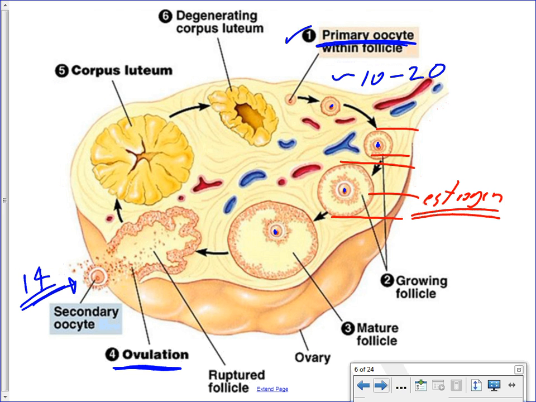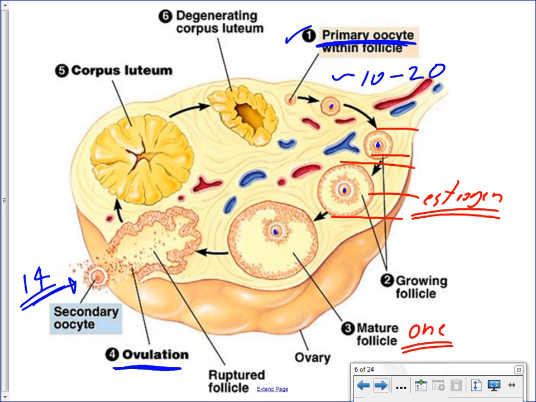So it's usually just one of these mature follicles that is going to last by the time we reach about the halfway point in the ovarian cycle. So the bigger the follicles get, the more estrogen is produced. The bigger the follicles, the more support there is going to be and nourishment provided for that single egg on the inside.